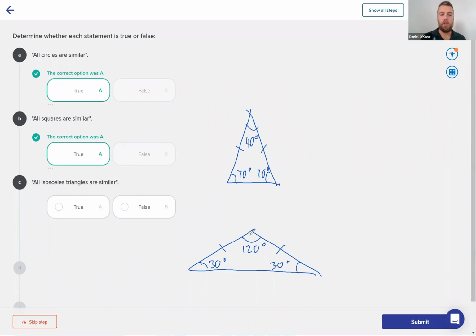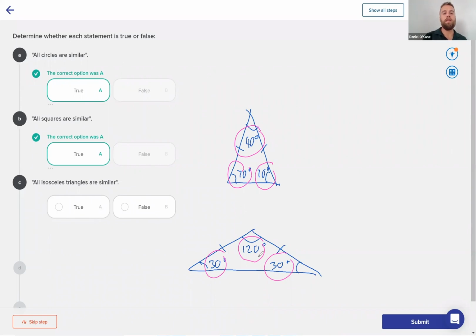We can see that because those internal angles have changed. I don't have 40, 70, and 70 anymore. I have 120, 30, and 30. Those are two examples of isosceles triangles, and isosceles triangles can have different angles inside. They still all add up to 180, and you still have the base angles being equal, but as those base angles change, so will the angle up top, right?